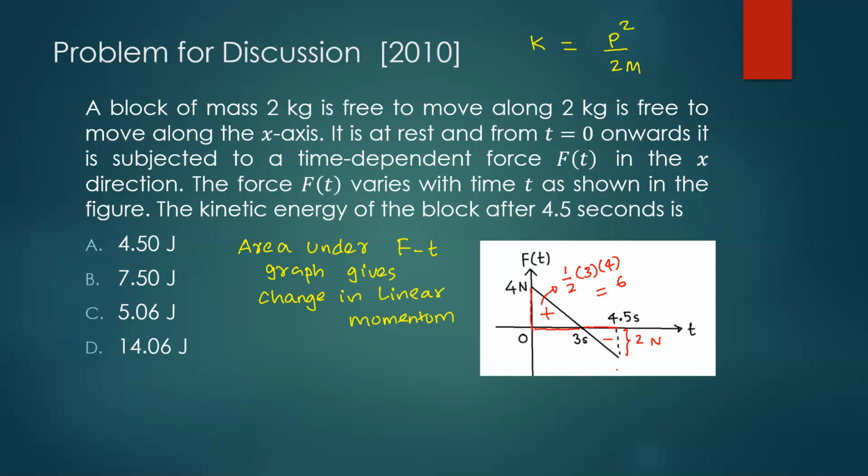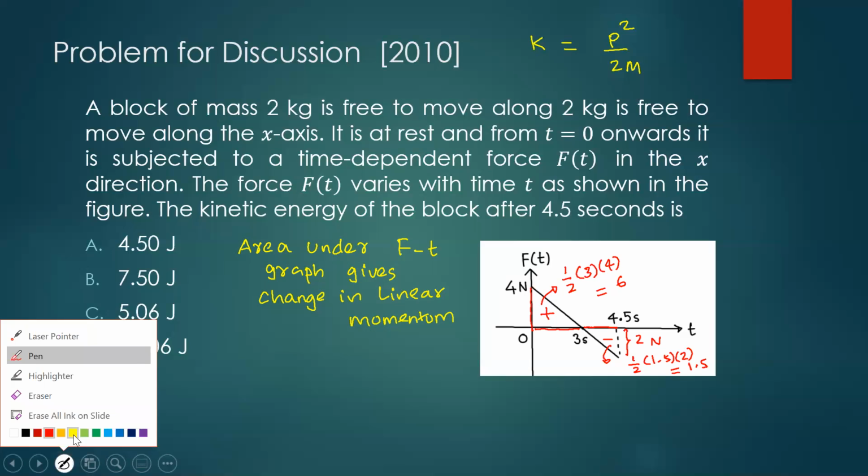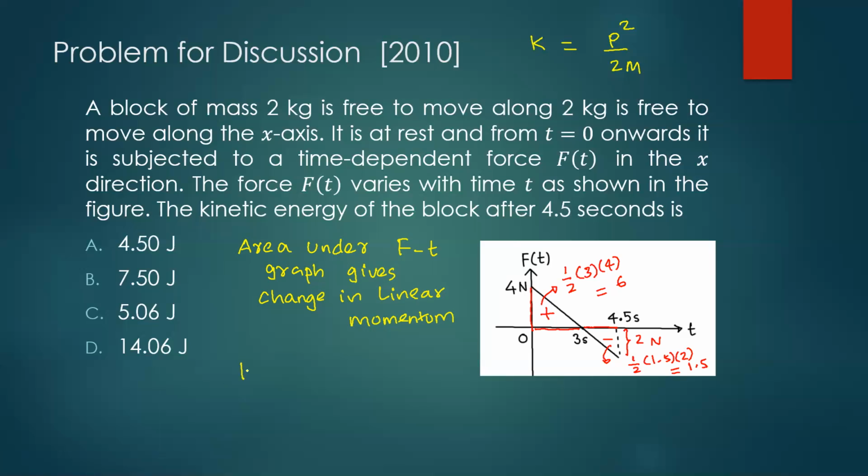And here, the same thing, half base into height: base is 1.5 and height 2, so linear momentum decreases by 1.5.